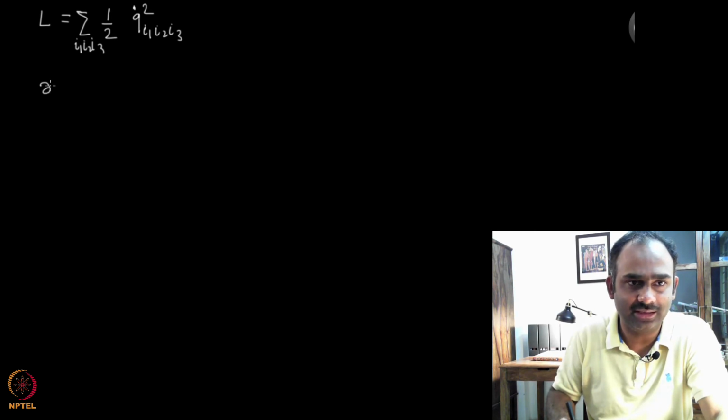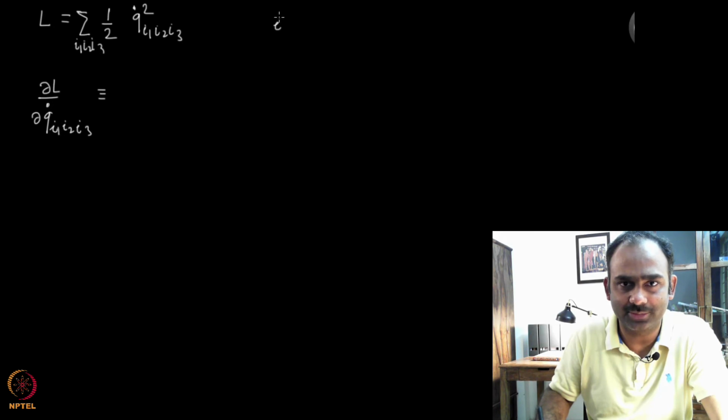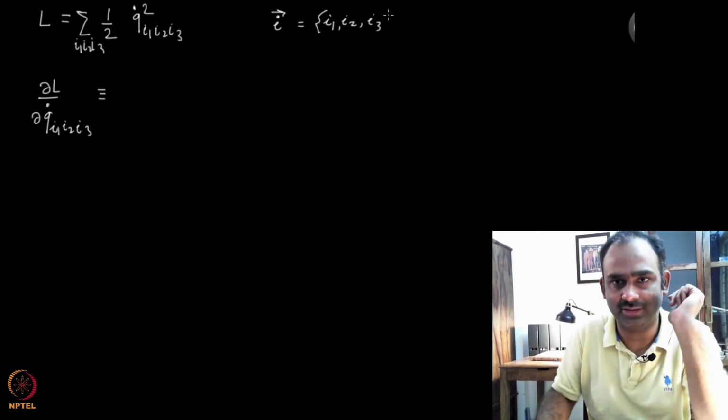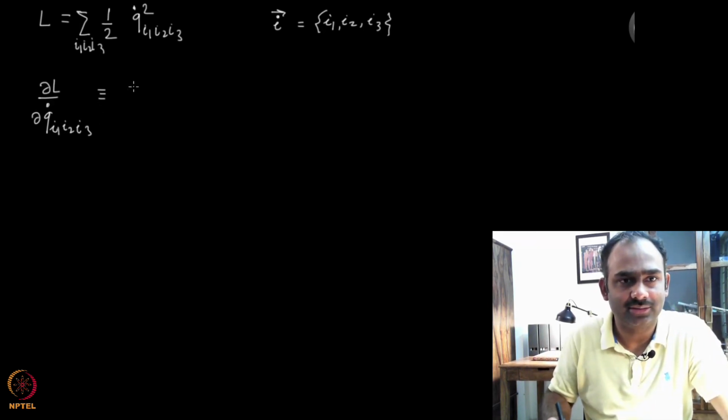So, let us calculate del L over del q dot. Let me simplify the notation a bit. Instead of putting all the i1, i2, i3 every time, let me define i to be this pair, the vector i.